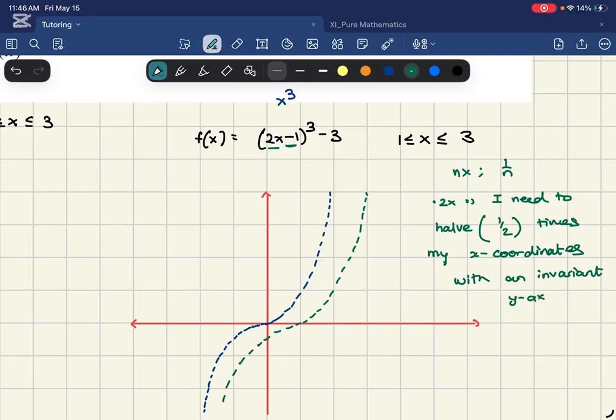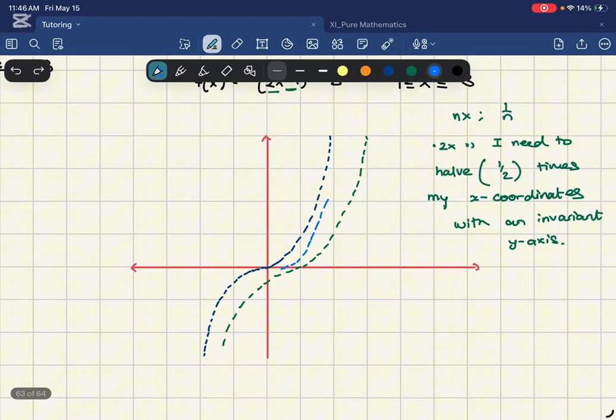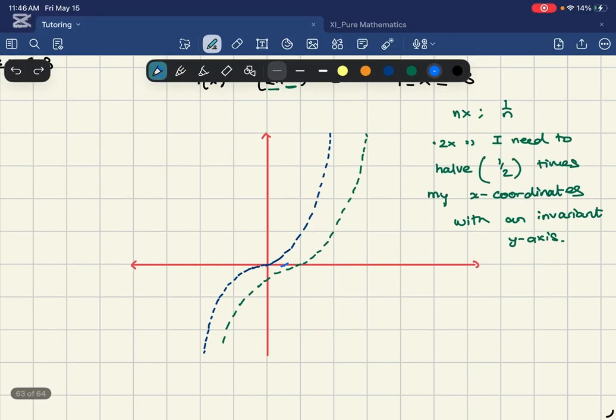So the y-axis values do not change, but my x-axis values have to be halved. So now the graph is going to look something like this. It's going to look like it's been stretched. That is a bit poor, actually. So now I need to make it look like my graph has been stretched, right? So something like the blue line.